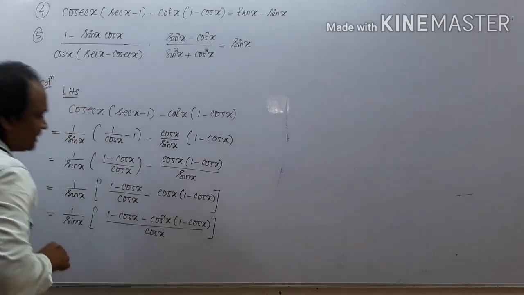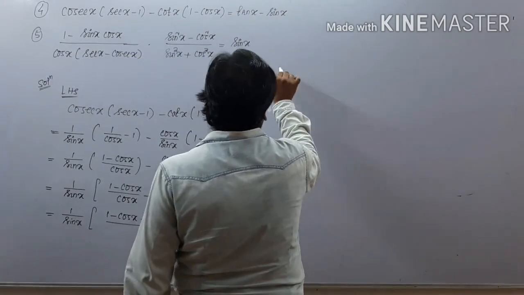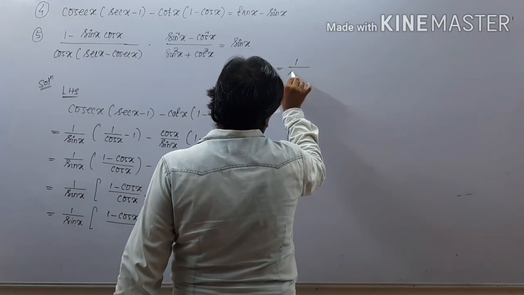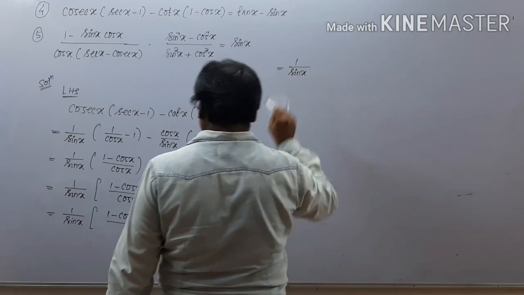So clearly what we got here is that outside the bracket we have 1 by sin x.